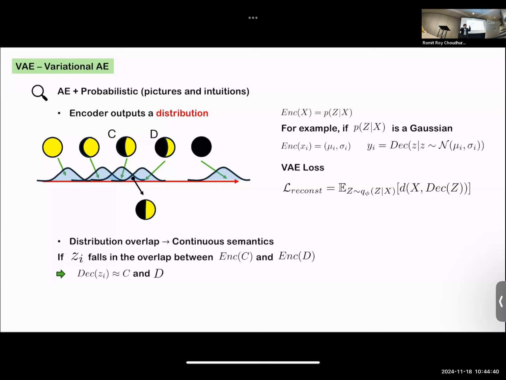When a sample comes from their overlap, what can it do? It can only average over these two very different images, and that will incur a very high loss. So when these distributions have some overlaps, the encoder will tend to order the images by their similarity, as Daniel just said: you order moons together, you order suns together.